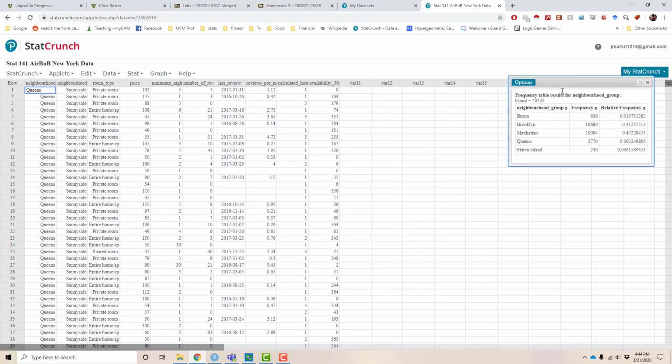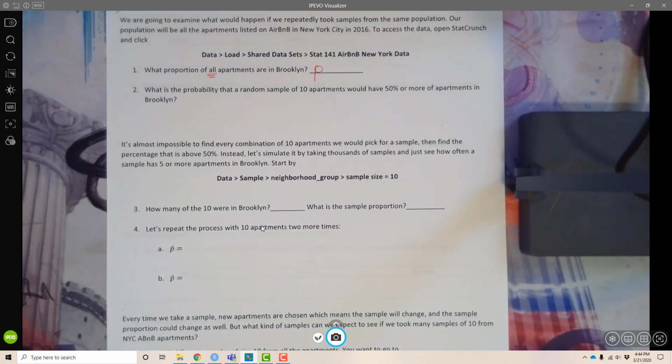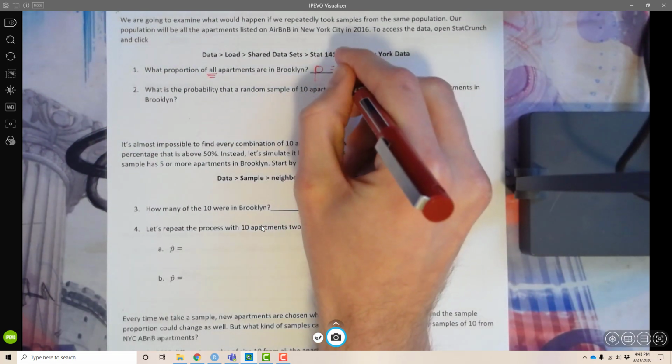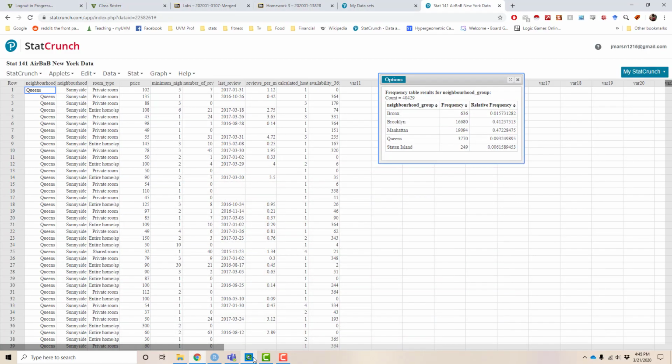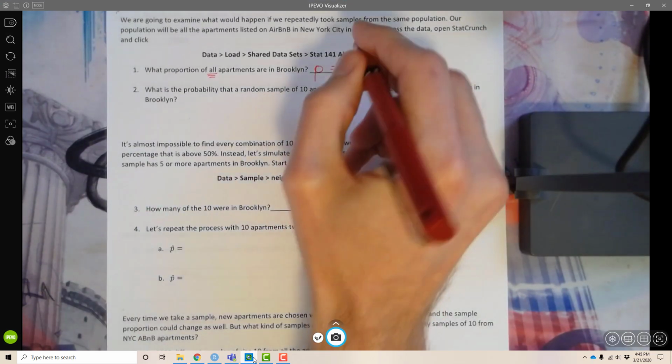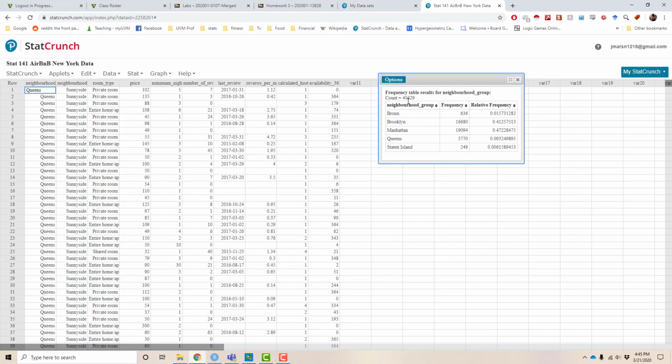If we click Compute, it spits out the 5 major boroughs in New York City. We can see for Brooklyn, there are 16,680 apartments, over our total count of 40,429.